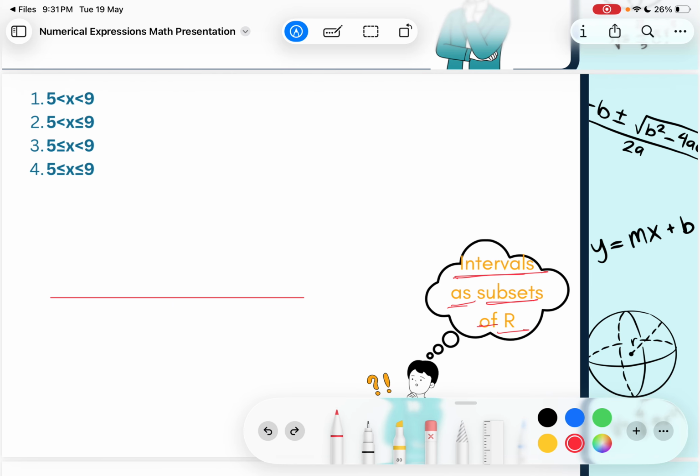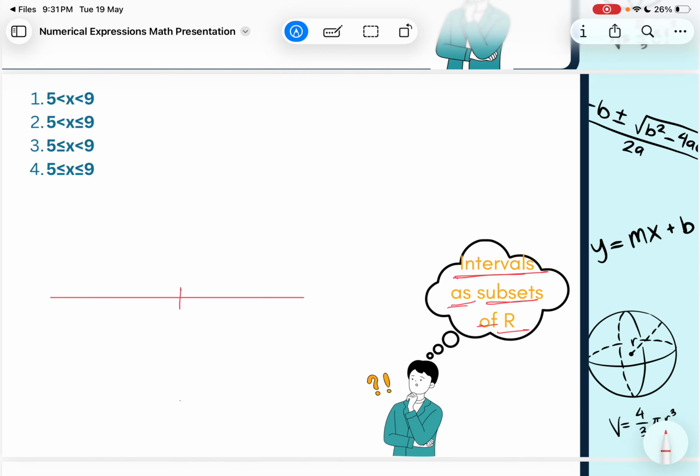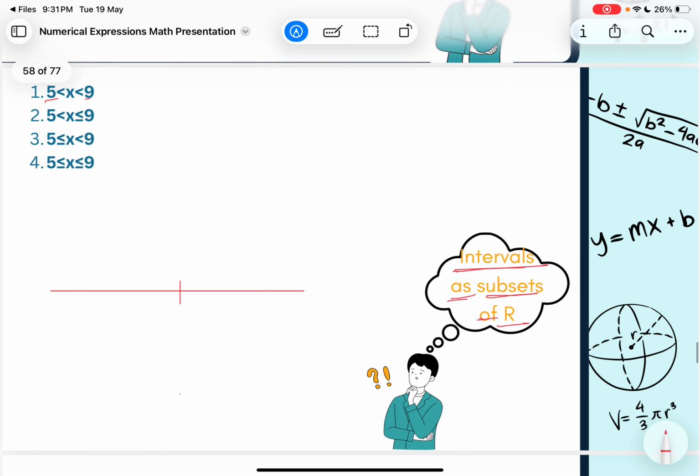It's saying that there is a number x which is greater than 5 and less than 9. So suppose here we have 5, 6, 7, 8, 9.